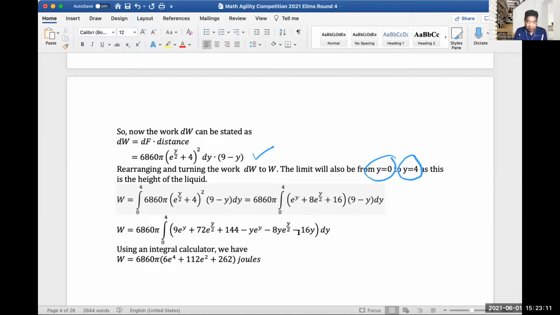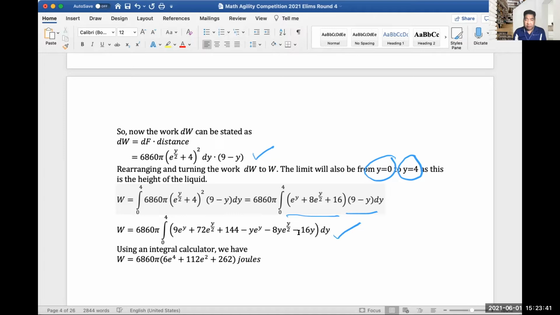W is the integral from 0 to 4 of 6860 pi, quantity y over 2 plus 4 squared times 9 minus y dy. Rearranging, simplifying, and multiplying these two expressions in the parentheses, we would have this formula here.